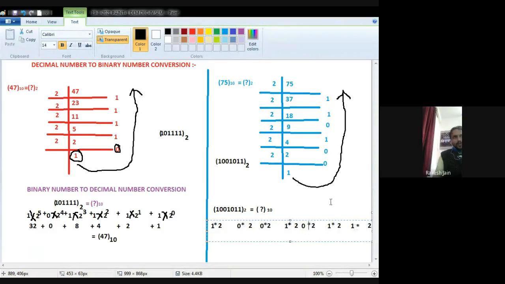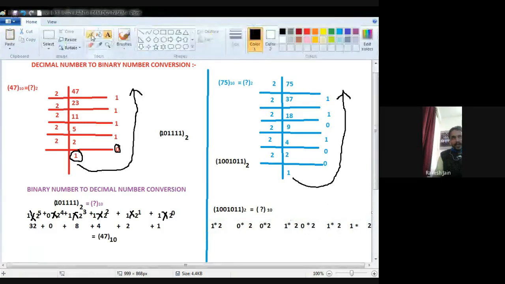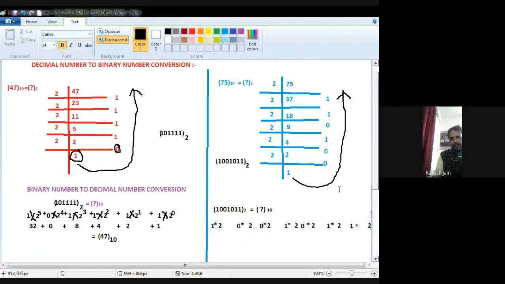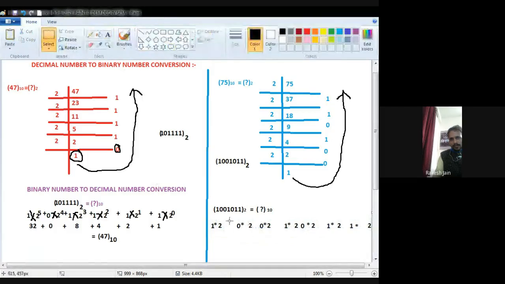Okay. Now the power is counted from the rightmost side. Just type 0, 1, and so on.